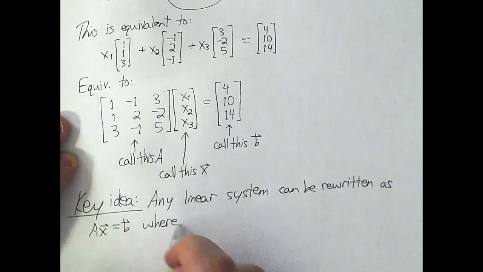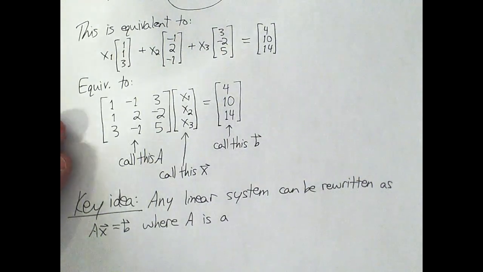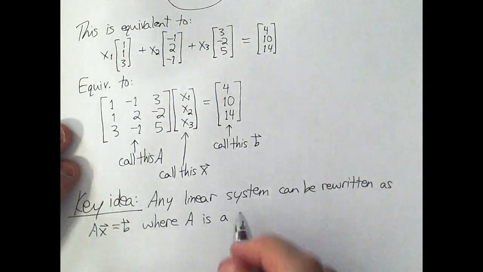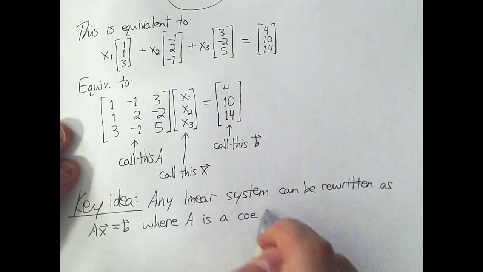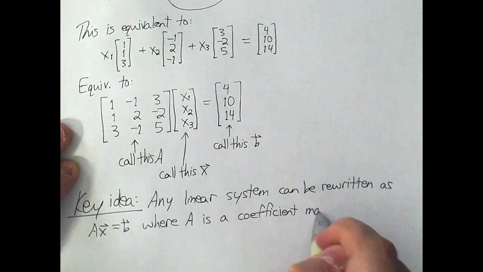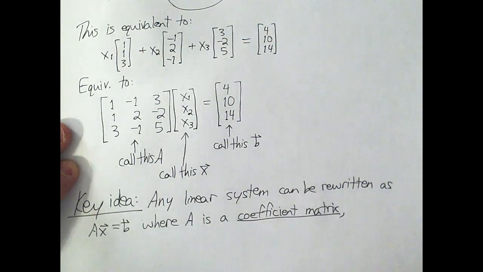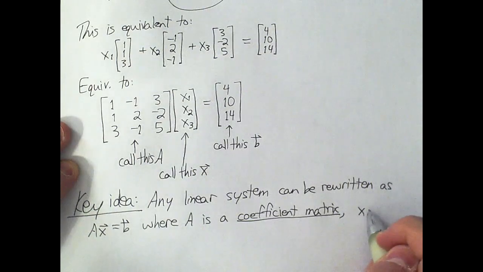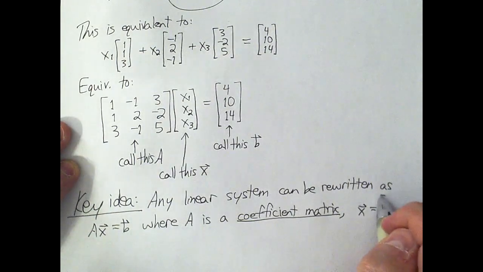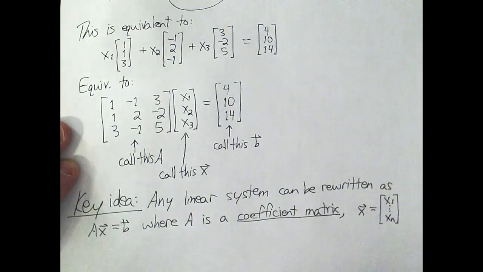where A, we have a name for A, we're going to call it a coefficient matrix, comma, X is a vector of all of the variables. Those are usually the unknowns that we're solving for, right?